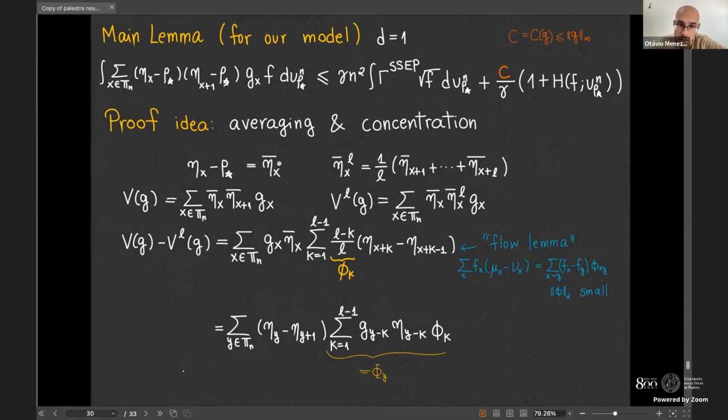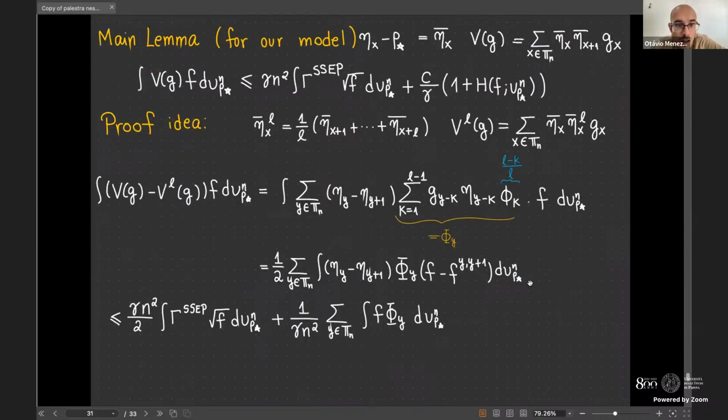So in one dimension, it's an algebraic identity. In 2 and 3 dimensions, there is a geometric argument that is involved here. So this part here is just a rewriting, just to say that the difference you can bound in terms of the Carré-Duchamp.